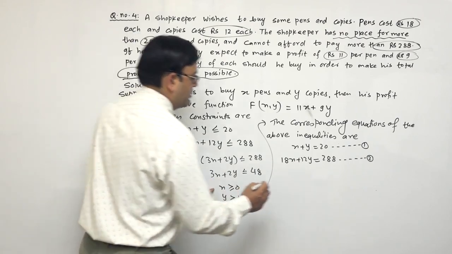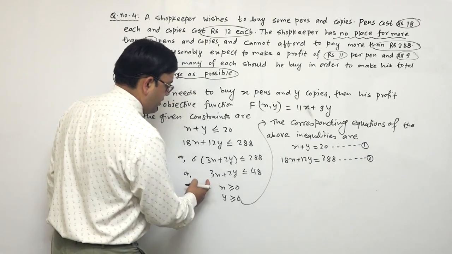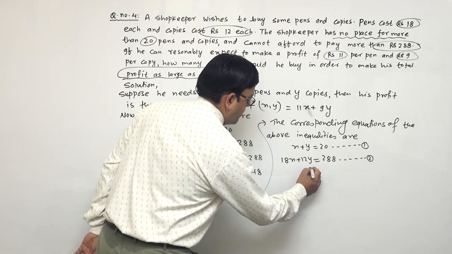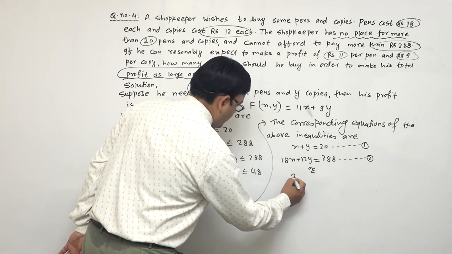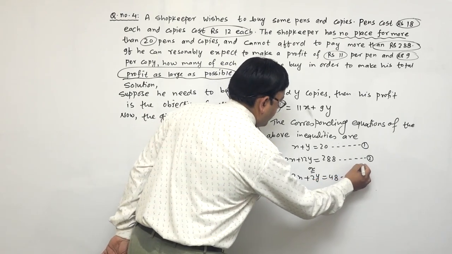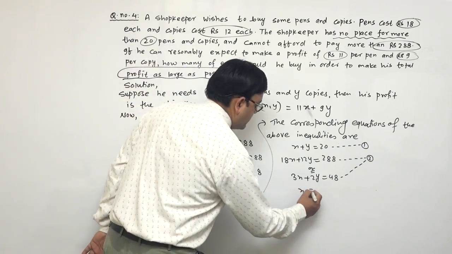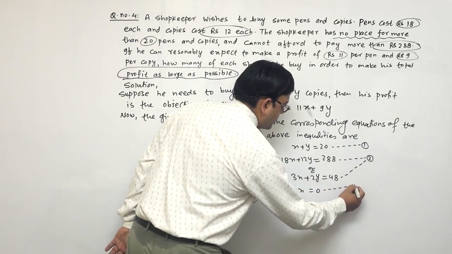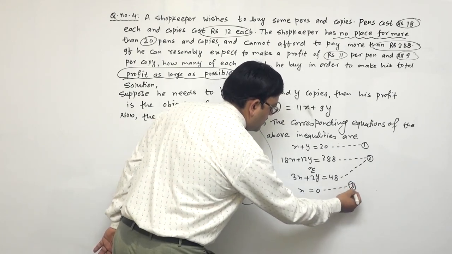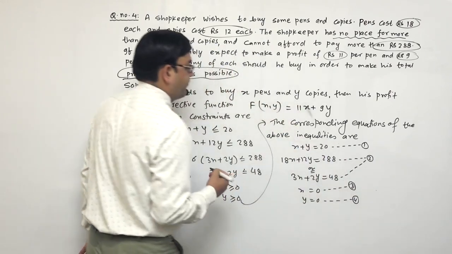Students, instead of this we can write 3x plus 2y is equal to 48, this one is more easy. We can say this is equation 2. And then equation 3 is x is equals to 0, and y is equal to 0, equation 4.